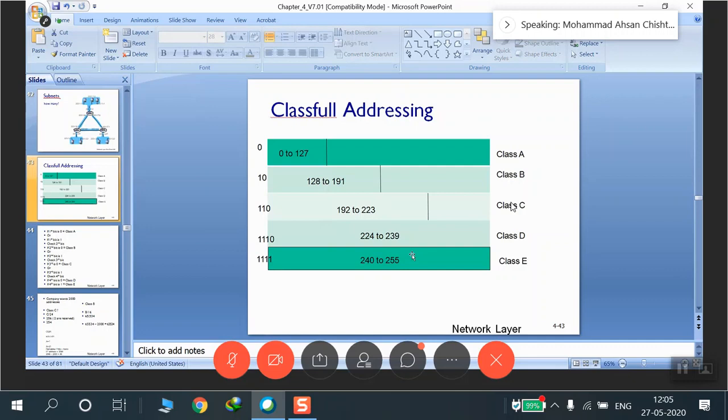This obviously means that IP address belongs to class D. So keeping this in mind, with the host ID and the net ID, you can decide to which class an IP address belongs.